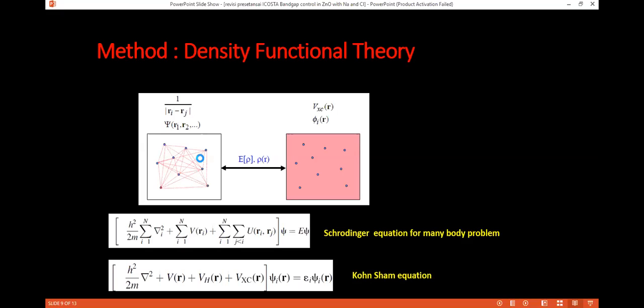So Kohn and Sham simplified this system by mapping it to a one-body problem.